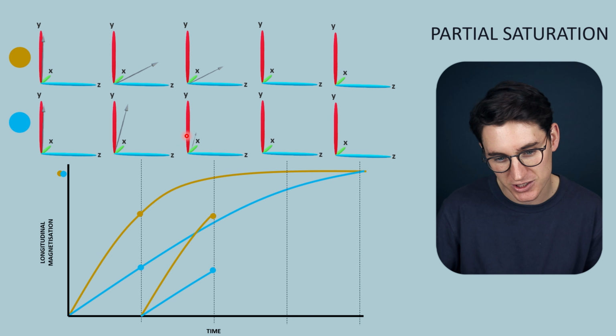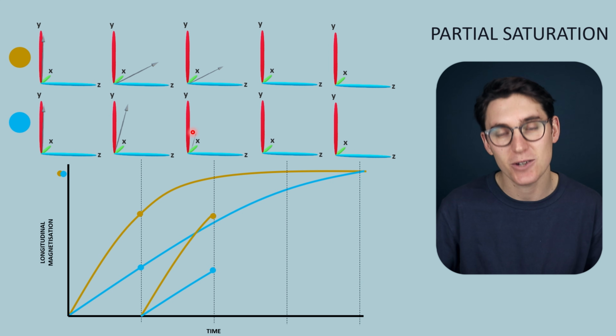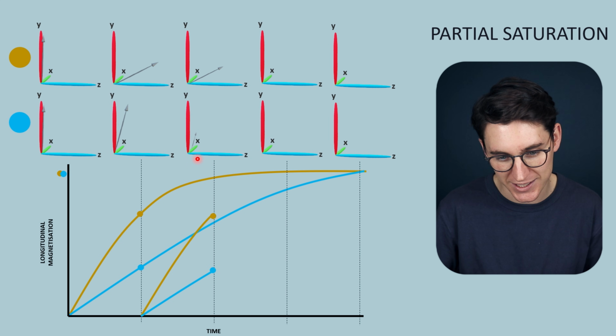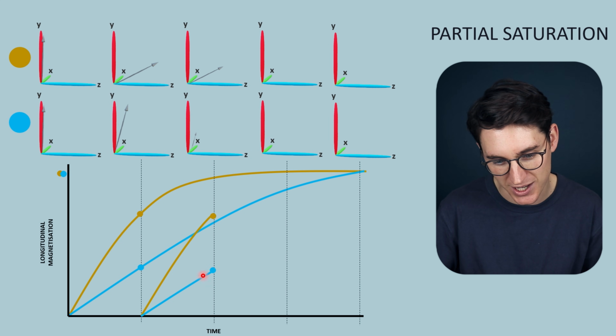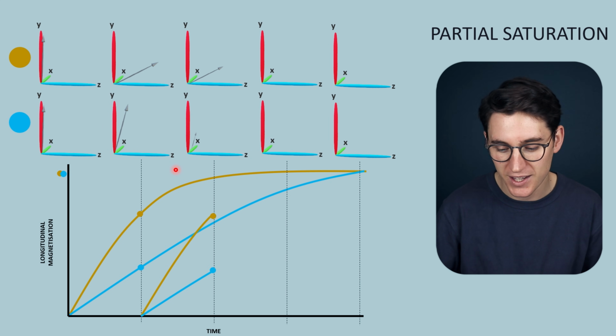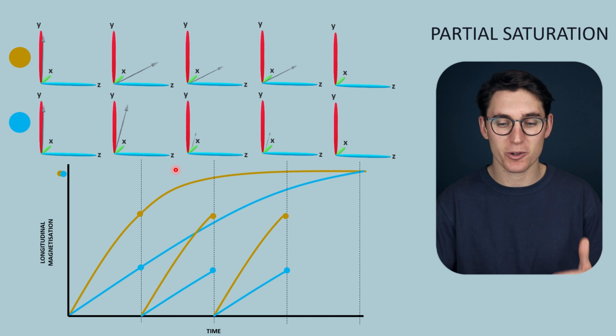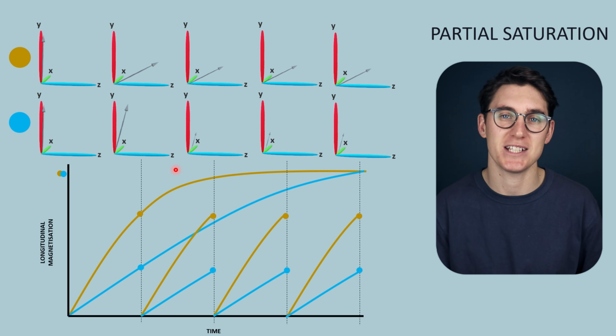That small transverse vector then regains longitudinal magnetization at the same rate, the T1 for CSF. Again, it's going to give us a longitudinal magnetization vector that's ever so slightly less than our initial longitudinal magnetization vector. This process can then repeat itself with successive TRs.